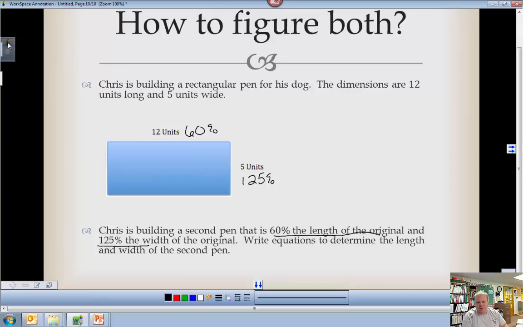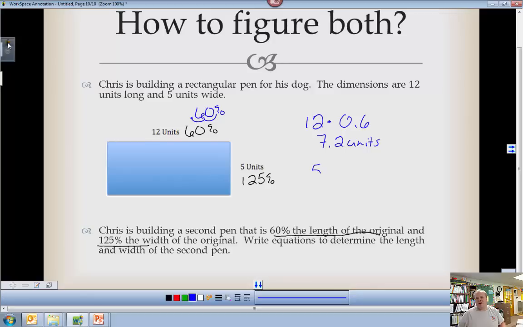Well, this is pretty similar to what we talked about on the last slide, where I can take 12 times 0.6. How do I get 0.6, you might ask? Well, I take 60%, move my decimal 2 spots. So when I go 12 times 0.6, I'm going to get 7.2 units. When we're talking about measurements, we need to give them last names.